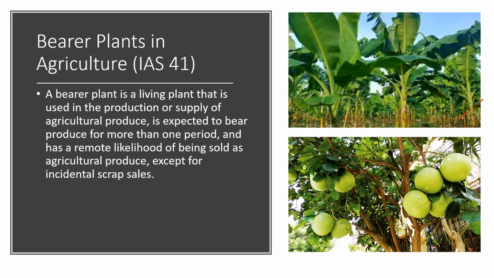So, for example, this banana tree will be presented as part of your PPE. But of course, the assumption here is your business is agriculture. The produce or the fruit from the tree will be classified as part of your inventory and subject to IAS 2. But the tree itself will be part of PPE and subject to IAS 16 or IAS 41, because these are all part of agriculture.